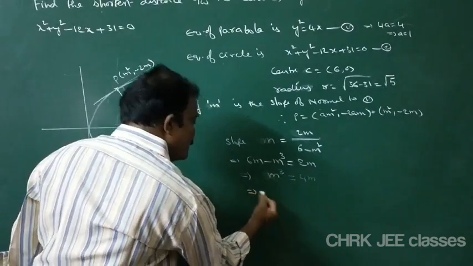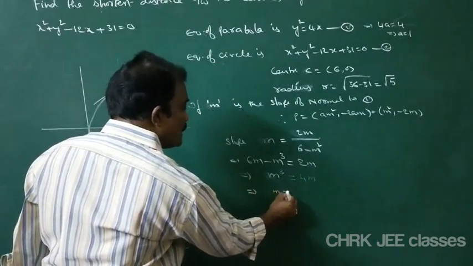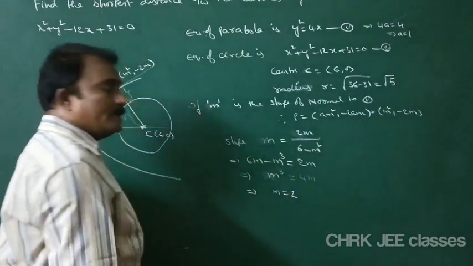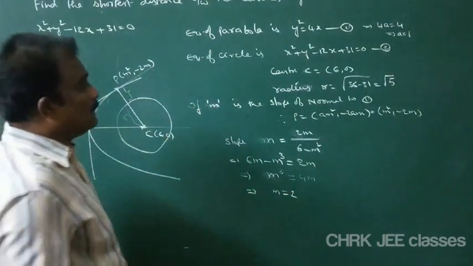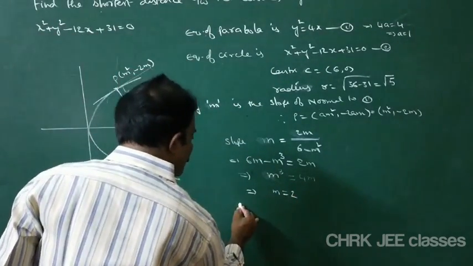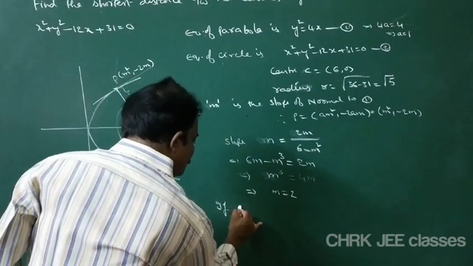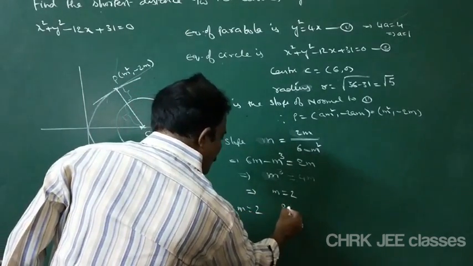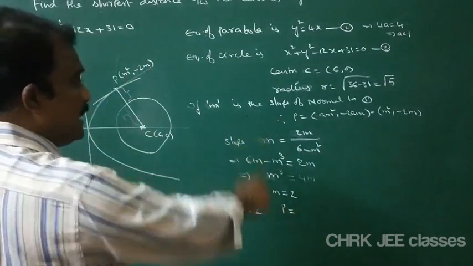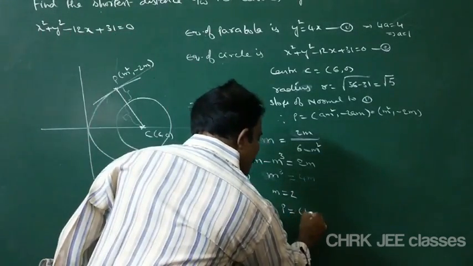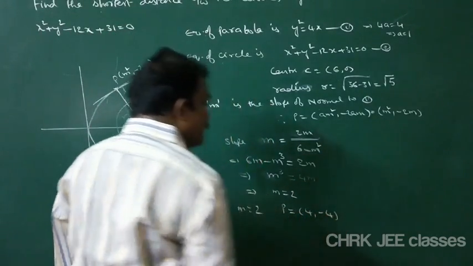From this, m equals 0 or m equals plus or minus 2. By taking m equal to 2, what is the point P? m square is 4 comma minus 2m, minus 4 is the point P.